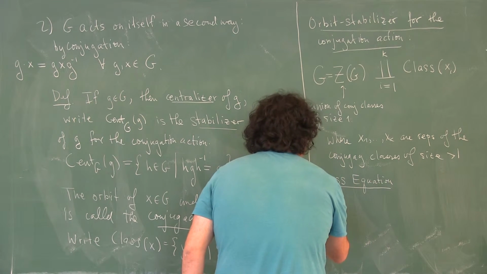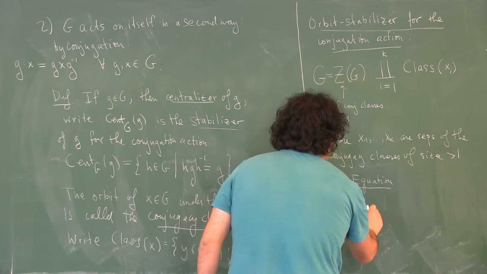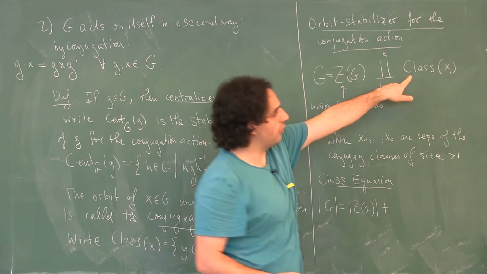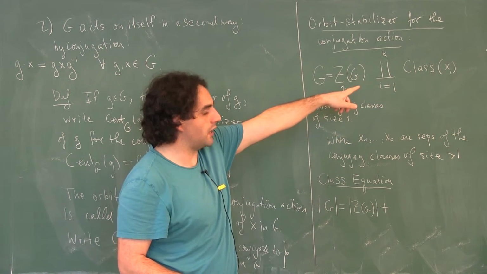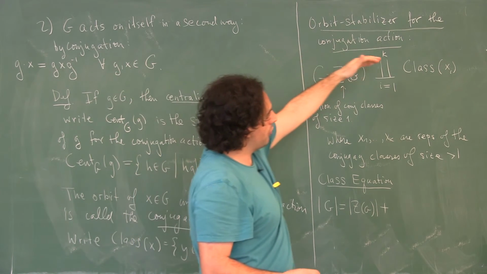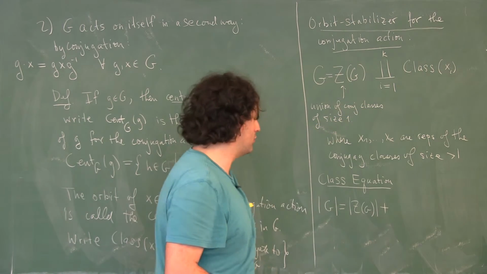So we have that the order of G is the order of its center plus the sum of the orders of these classes xi. But by orbit-stabilizer, I can write the cardinality of these classes in a different way.